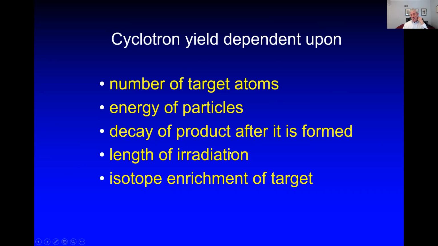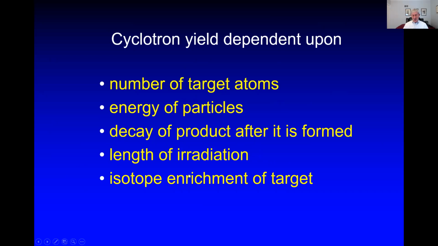We're concerned about how rapidly the product decays compared to its formation. How long do we irradiate? There's a certain period of time where the curve goes up like this and reaches a plateau. And that's the equilibrium point where it's decaying as fast as you're forming it. And that's when you stop.